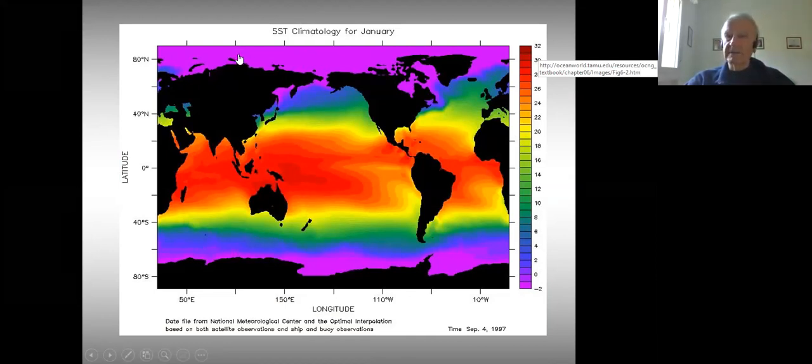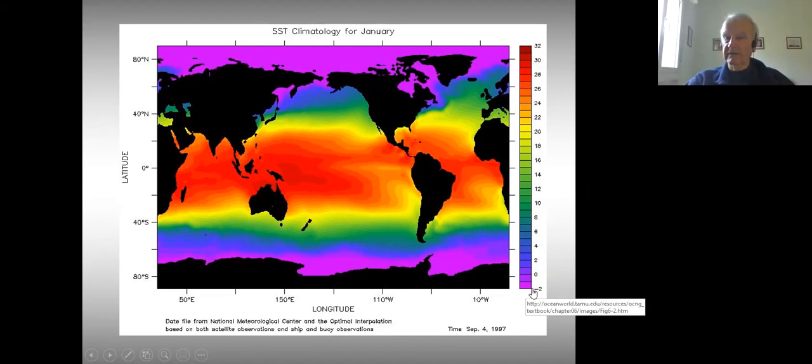And then obviously in polar areas, the water is relatively cold. It goes down to -2 degrees Celsius. So you have a temperature range between the equator and polar areas of around 30 degrees. So it's a huge temperature gradient between the equator and polar areas.